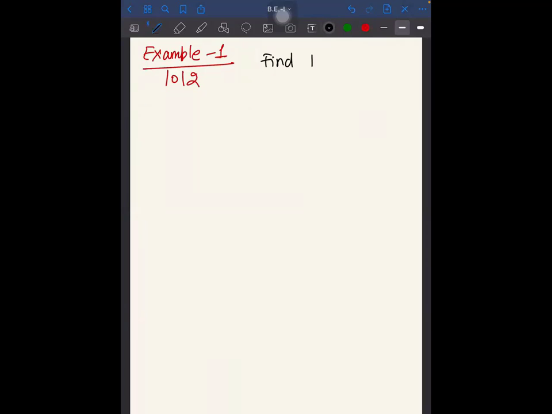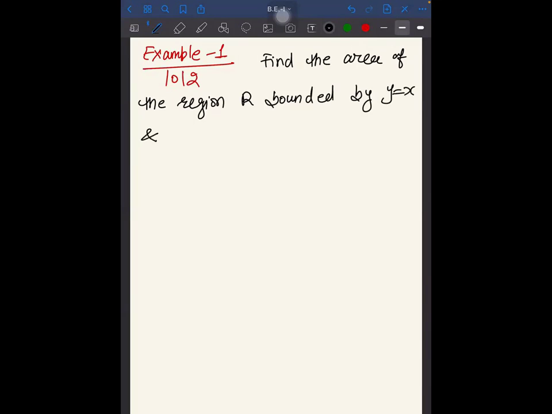Find the area of the region R bounded by y is equal to x and y is equal to x square in the first quadrant as well.